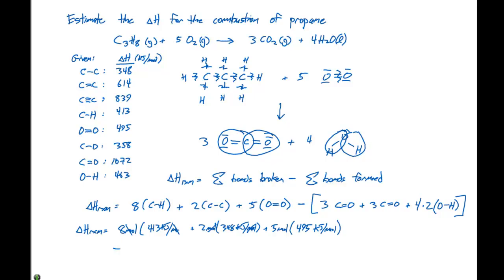This is going to be minus the entire term of, here we have 3 plus 3, or 6 moles times 1072 kilojoules per mole, plus 8 times the oxygen-hydrogen bond enthalpy, which will be 463 kilojoules per mole.